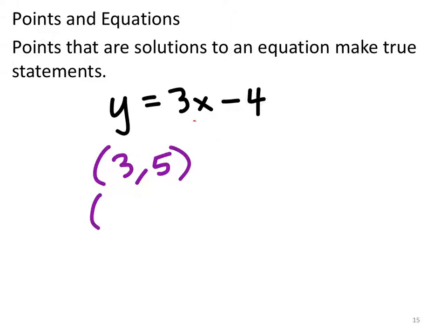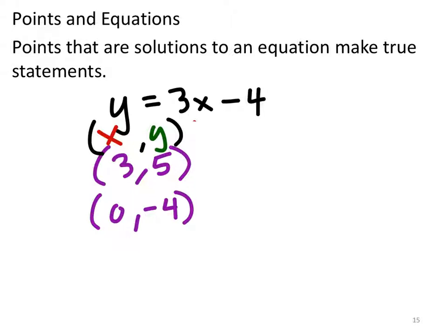But also, if x was 0, then y would be negative 4. This would also give us a true statement, because the first value is the x value, and the second one is the y value in these ordered pairs. So I would replace the x and y with the values in that ordered pair and see if it gives us a true statement.